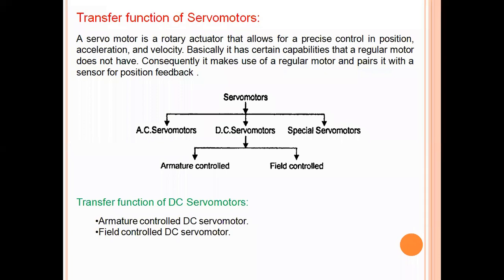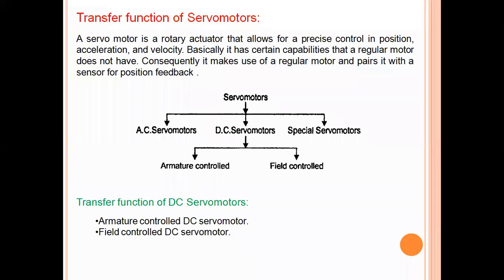And servo motors are majorly of two different types based on its input, AC and DC. However, special servo motors are also there for different kinds of applications. For specific kinds of applications, we will use a special type of servo motors. So servo motors are classified into three different categories: AC servo motors, DC servo motors, and special servo motors.